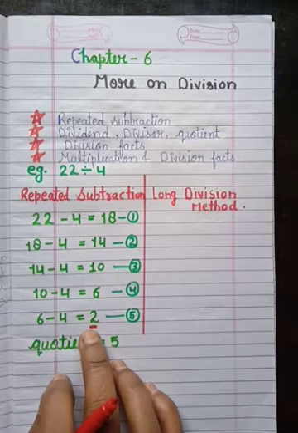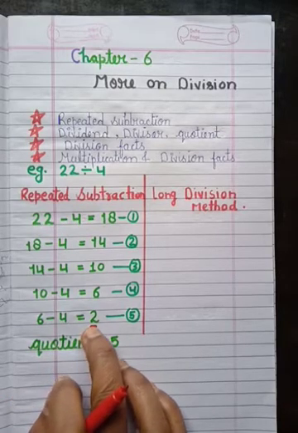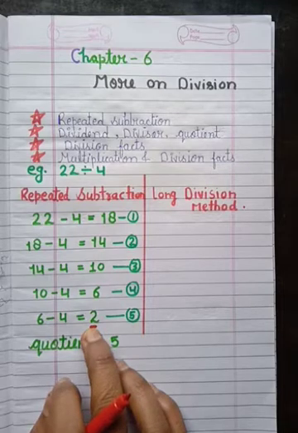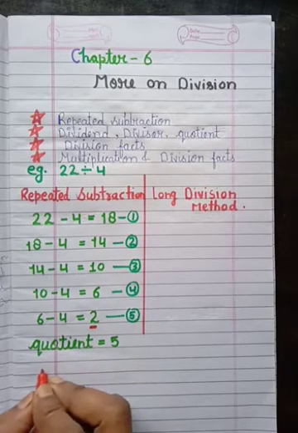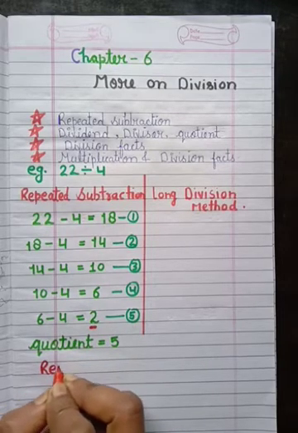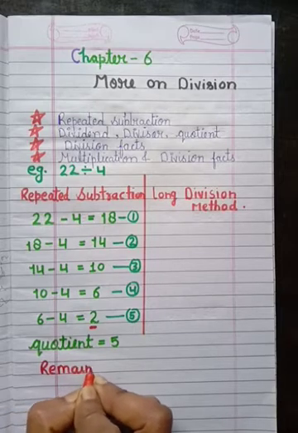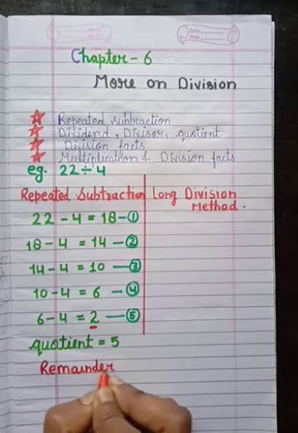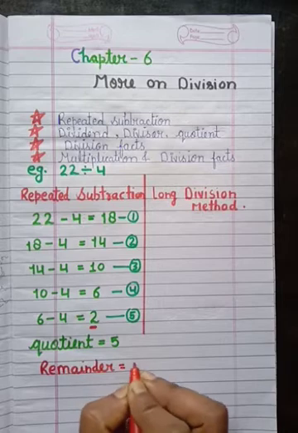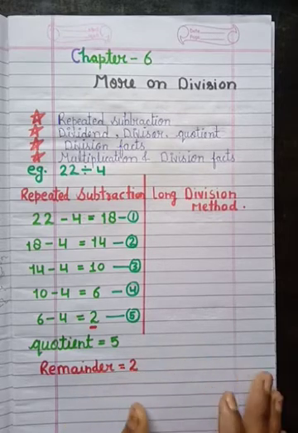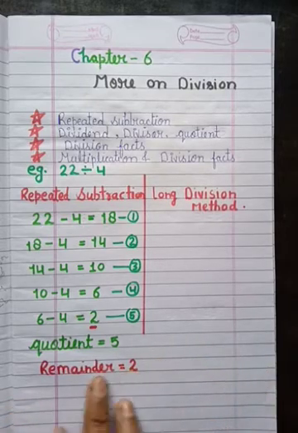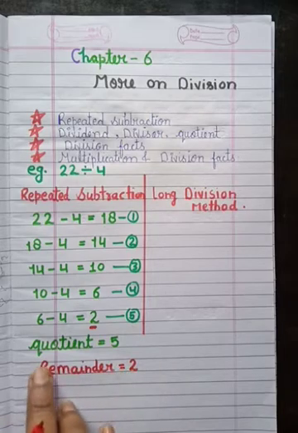What is the remainder here? It is 2. So here comes your new term, that is remainder.